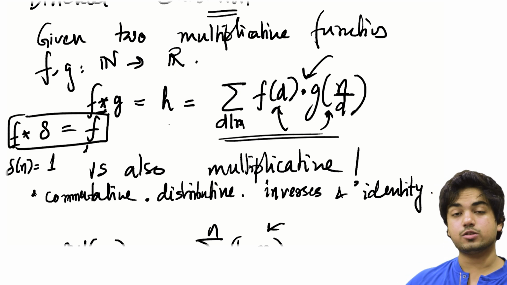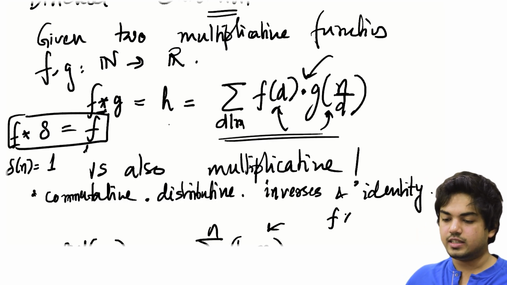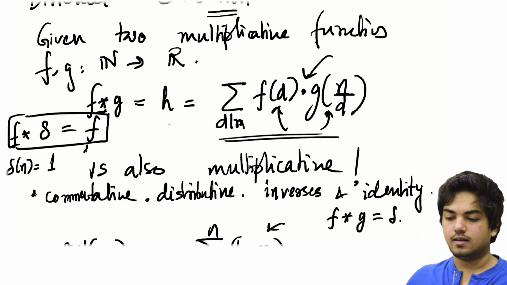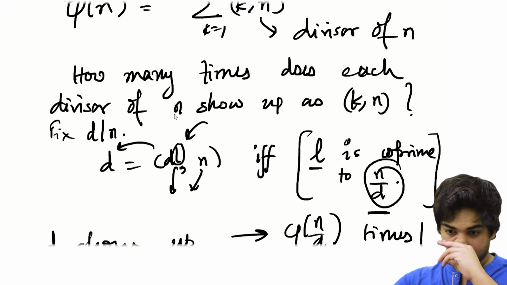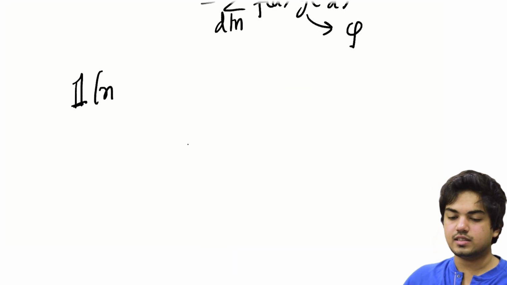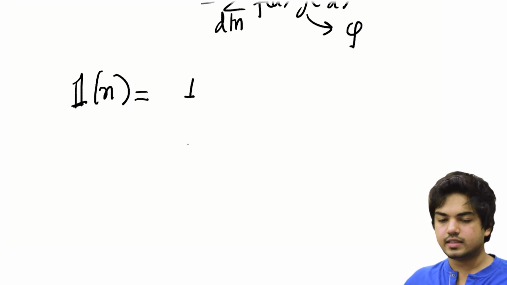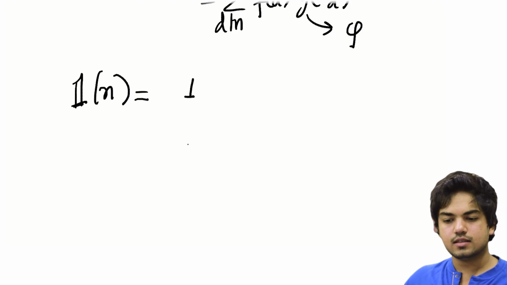Wherever there's an identity, you should ask the question, do I have an inverse? F star g, which is equal to delta. And this is where the Mobius function comes up. What about this function, 1 of n, which just sends everything to 1? What is the inverse of this, right? Why would I ask this?